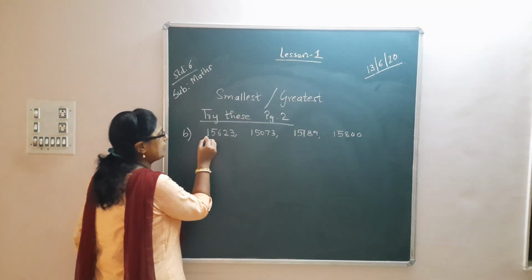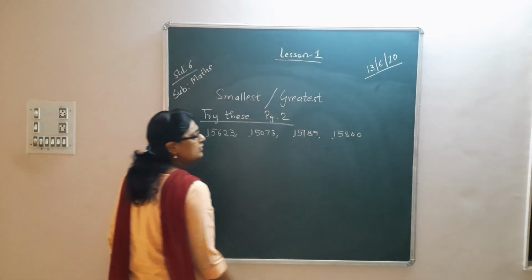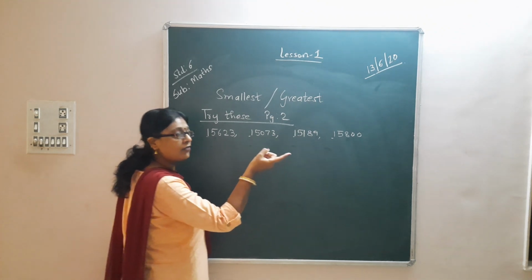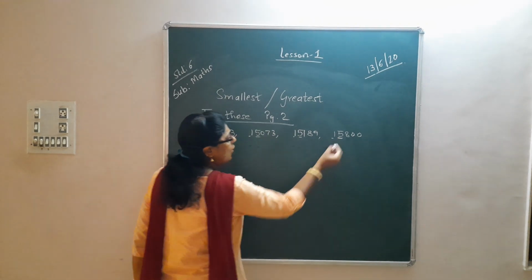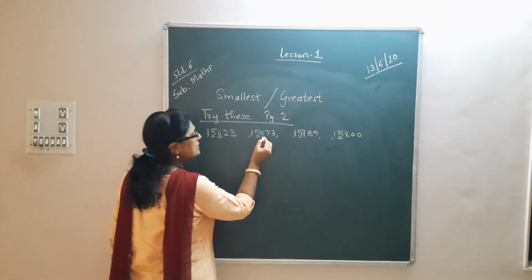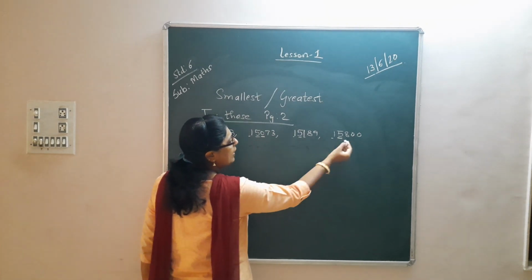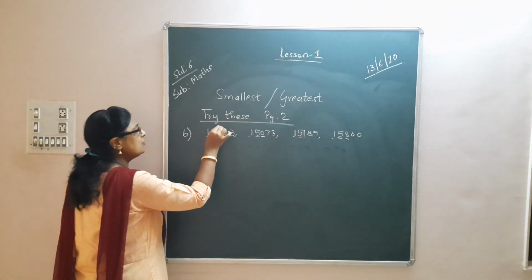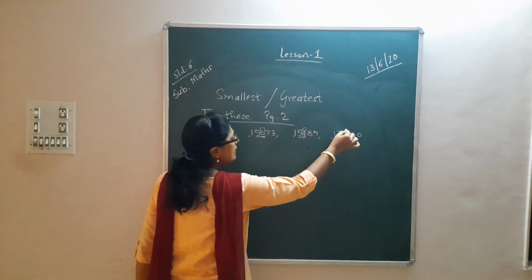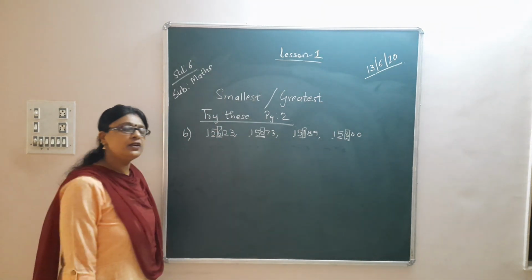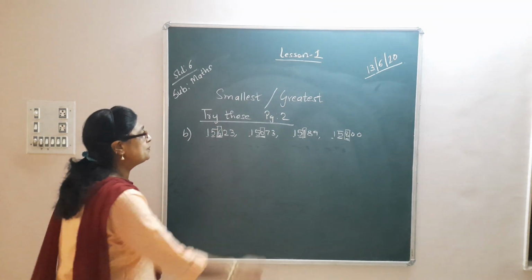Let us start comparing. 1, all 4 numbers have got 1 digit. Then second, all are 5. Third, 6, 0, 1, 8. Okay, so here we have got the difference. 6, 0, 1 and 8. So from all the 4 digits, which is the smallest? 0.